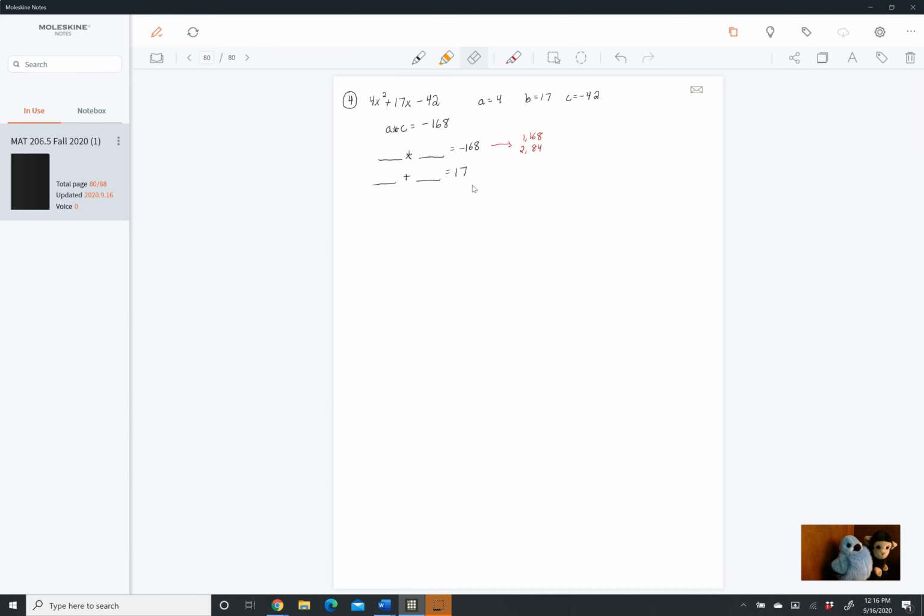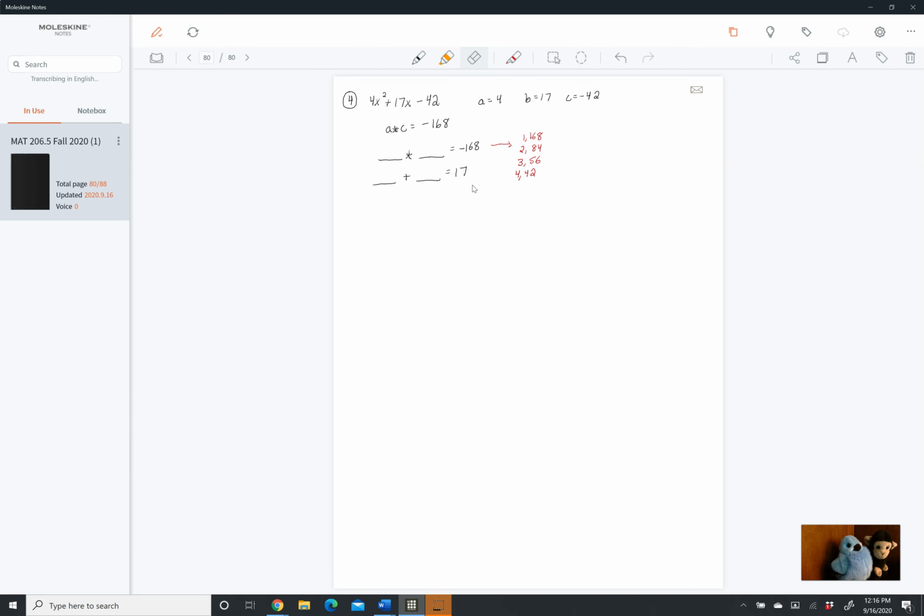You can see if they're divisible by 3. Is 168 divisible by 3? It is. You get 3 and 56. See if it's divisible by 4. It is. You get 4 and 42. Okay. So far, none of these are going to give you 17, so we have to keep going.